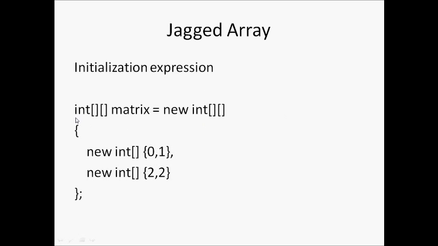You will declare this as a two-dimensional array, but in your brace you will specify new int[] integer array of 0 1, that is two elements with the initial values 0 and 1, and for the next group, the second row, you have another two elements, and the values are 2 3.